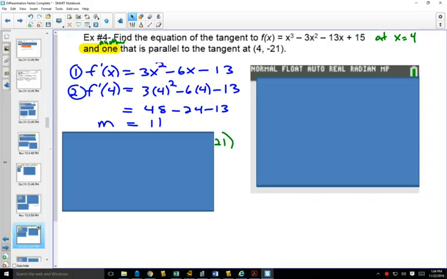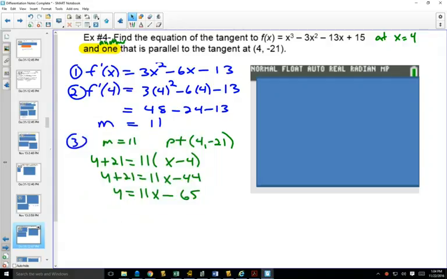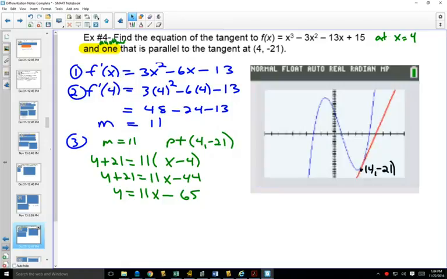So this one's fairly straightforward at the beginning because at x equals 4, they've already told you the point is (4, negative 21). So we can plug in our slope and our point into the point slope form, and we get our equation. If we drew a picture of this or took a picture from our calculator, it looks like that.